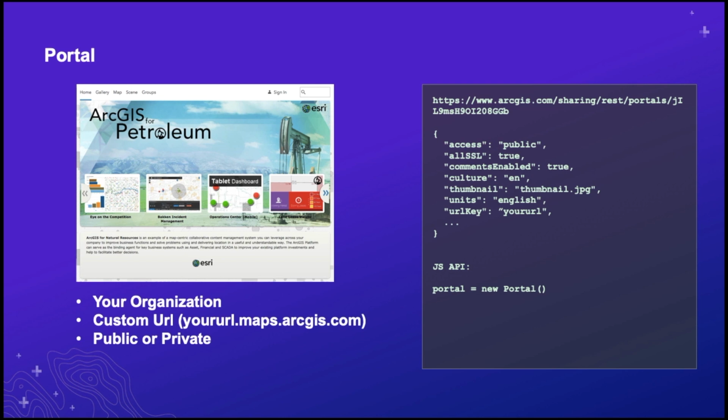Of course, if you use something like the JavaScript API or other runtime APIs or SDKs, you'll have a much higher level or more well-wrapped object to interact with and use to get all of the properties of the portal, etc.